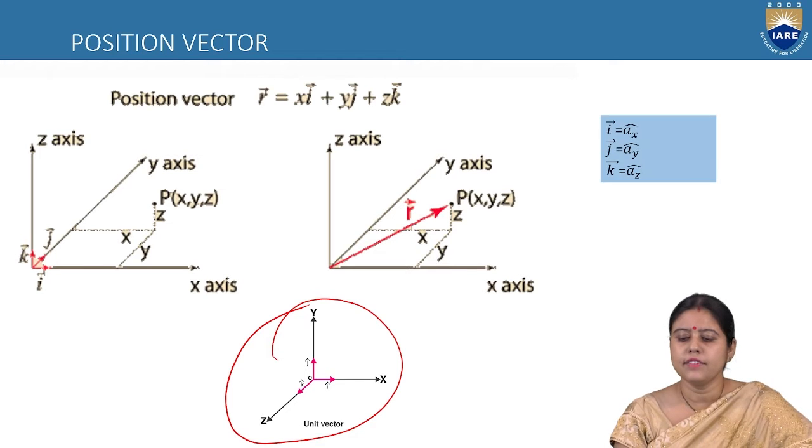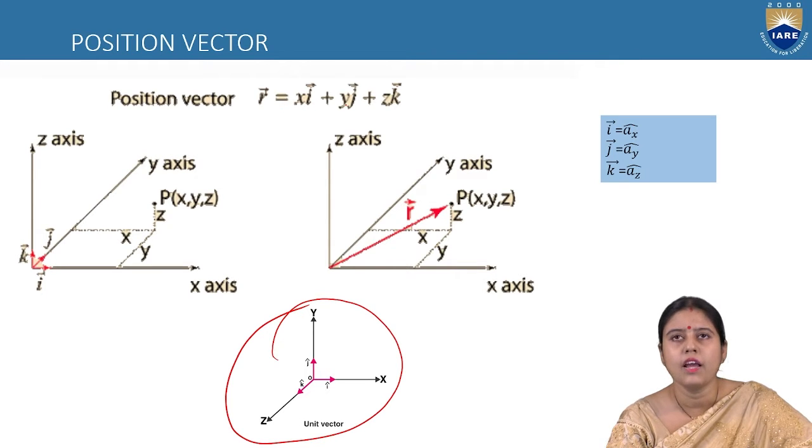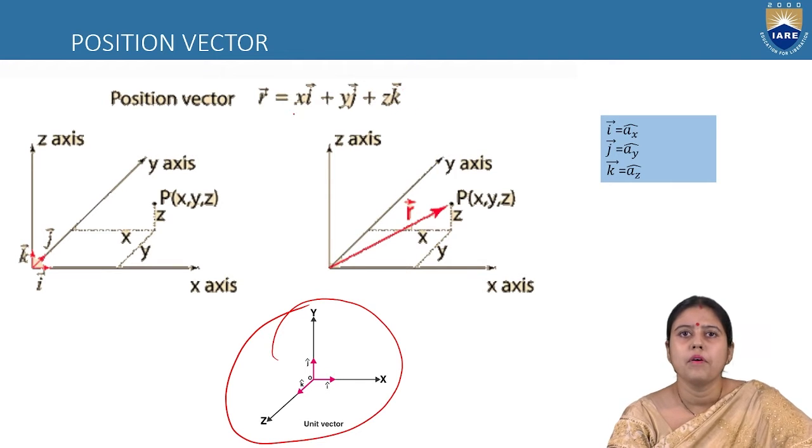And we can write the position x, y, z with the unit vectors. We can write x i hat, meaning the magnitude of the point in the x direction, plus y j hat plus z k hat, meaning the position in the z axis, position in the x axis and position in the y axis.